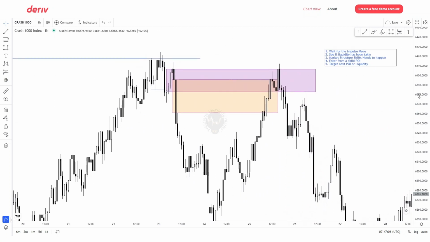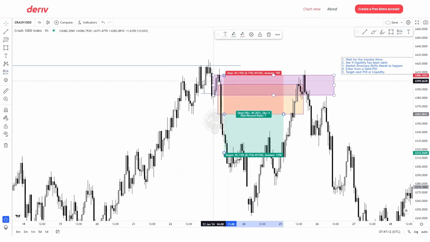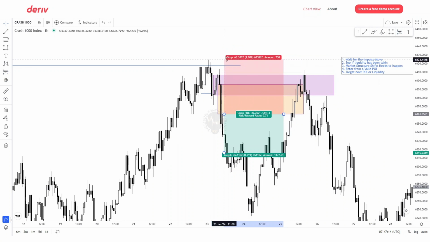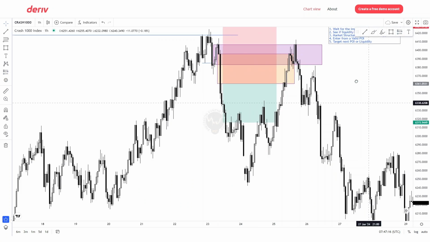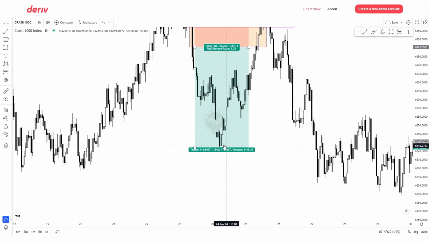Now if you want to enter, for example, from this fair value gap, stops above the high, and let's say you target this level, the last level of liquidity, that would be here. Let's say that was your target.